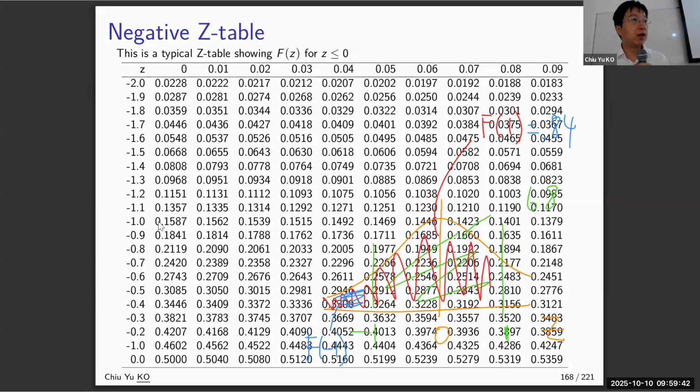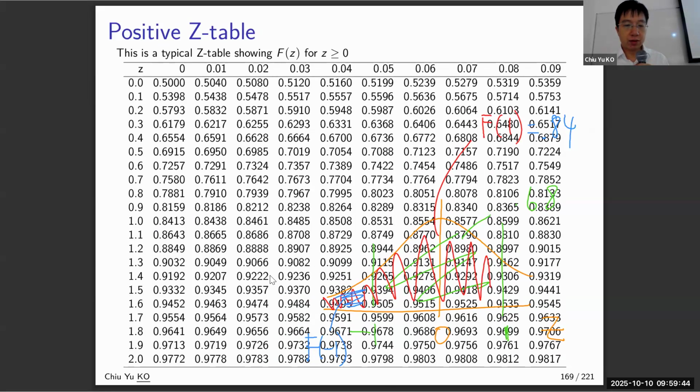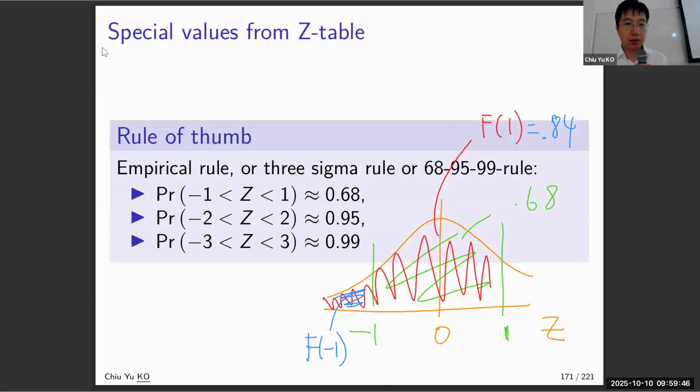It is here, 15, so let's go back to here. This is 15%. You subtract 15 from 84, then it's 68 or 69. So that is how I get the first one.